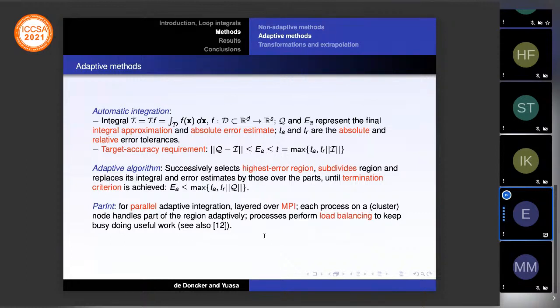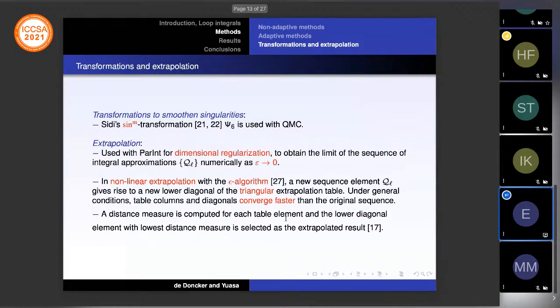We use our parallel adaptive package, ParInt, that is layered over MPI, the message passing interface, for computation on a cluster. Transformations and extrapolation.